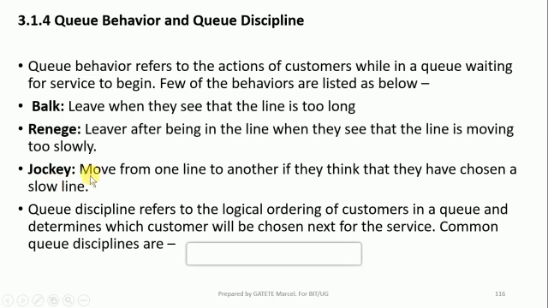And the jockey means that you will leave one line and go to another. For example, you are in a line of 10 people, so you leave this line of 10 people and go to the line having 6 people. If they think they have chosen a slow line, they can move from one line to another for many reasons.